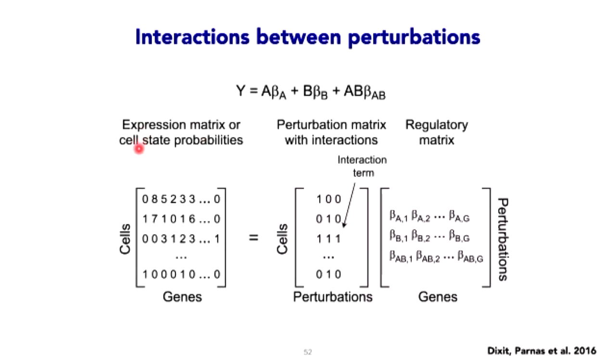We have a gene expression matrix, and then we have the design matrix, which is binary, which is the perturbation matrix. And then we want to infer the coefficients or the regulatory matrix. The only difference is that we also want to know what the effect sizes of combinations or interactions of perturbations are. This can help us understand how perturbations act in relation to each other. Are the effects just additive without any interactions, or can they be synergistic, etc.?